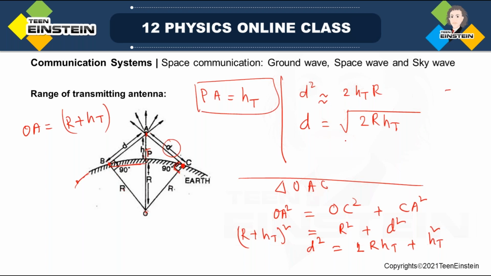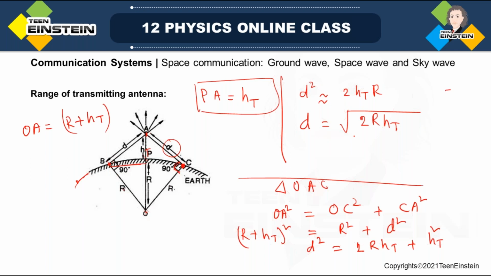So this is the height of the tower, this is the radius of the earth. Okay, so this is the distance up to which a TV signal can directly reach or be directly received by another tower which is having a height ht.